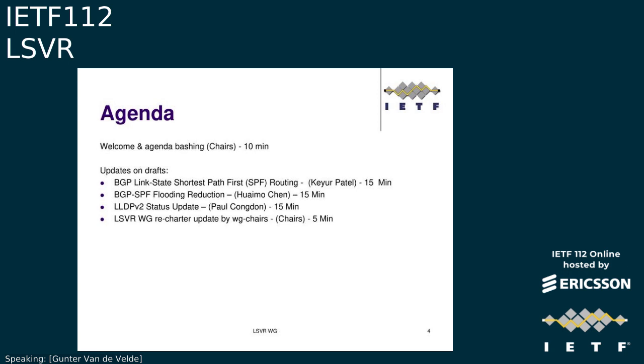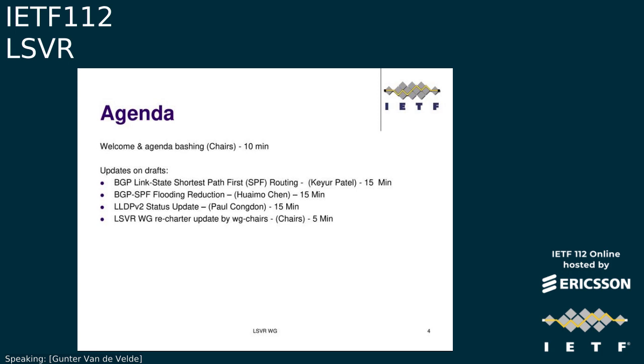Then we're going to have a short update on the BGP SPF technology to understand the state we are in at this point in time, and where the draft is. Then a new draft is going to be introduced about BGP SPF flooding reduction, followed by the IEEE update on LLDP v2, to understand where that technology actually is at this point in time.